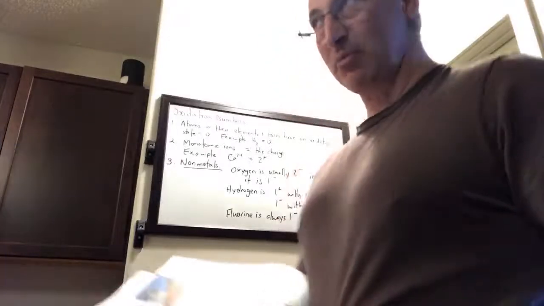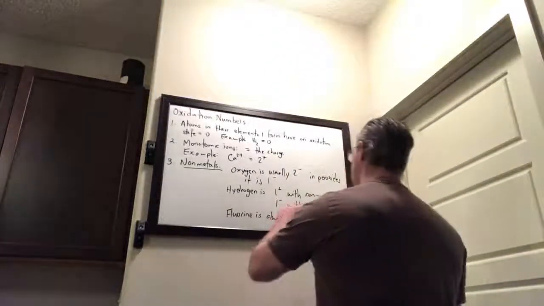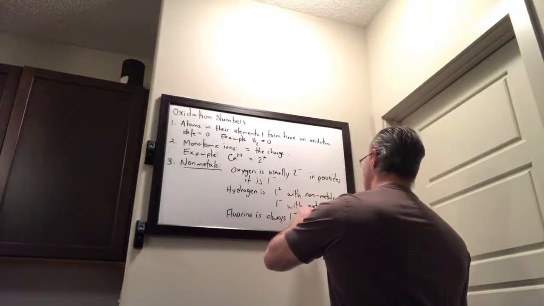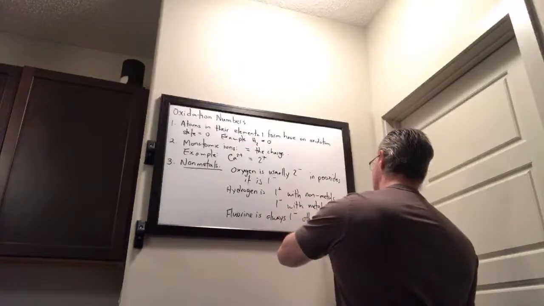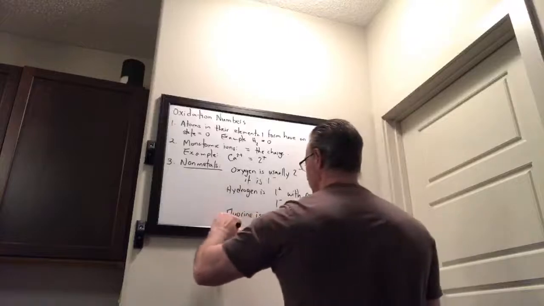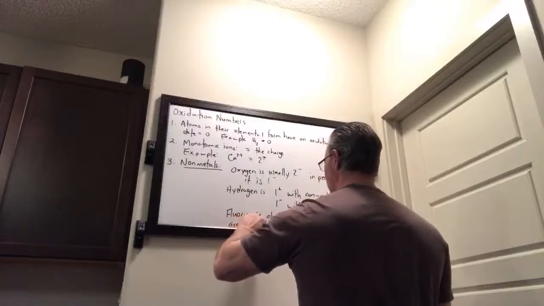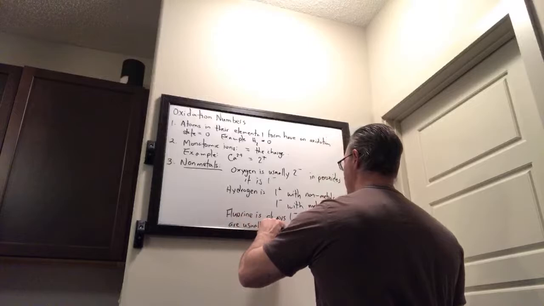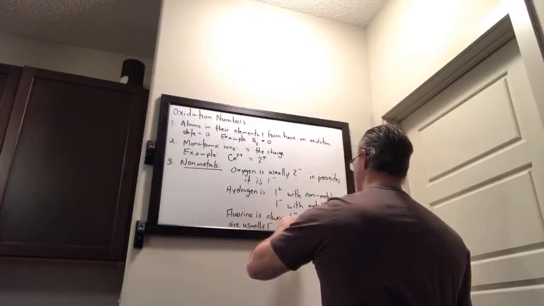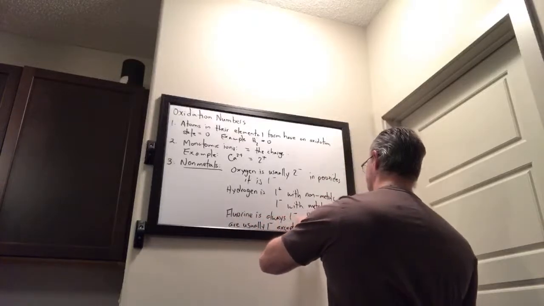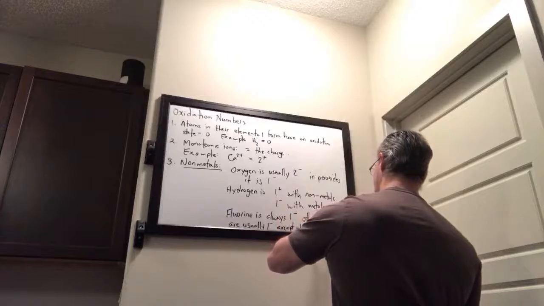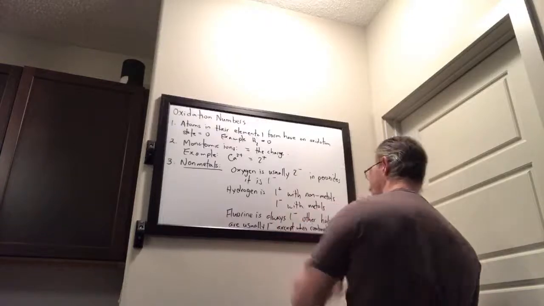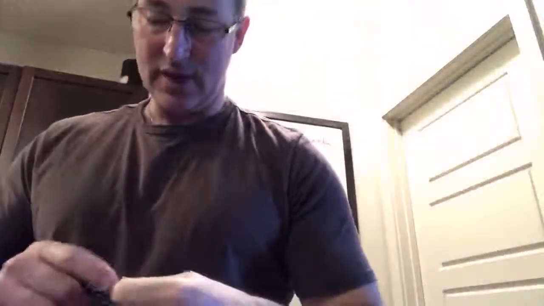Most other halogens are also -1, except when combined with oxygen. You combine certain halogens with oxygen, you can actually get positive oxidation states for halogens when you combine them with oxygen.